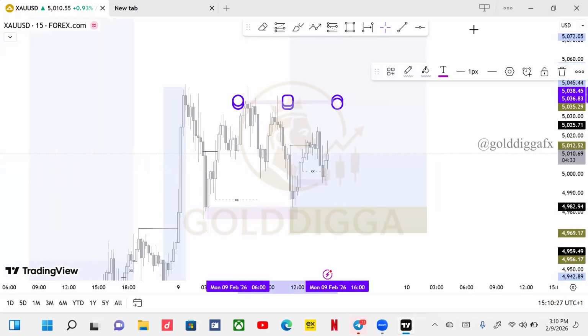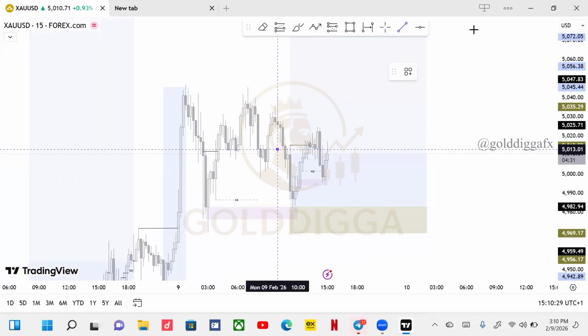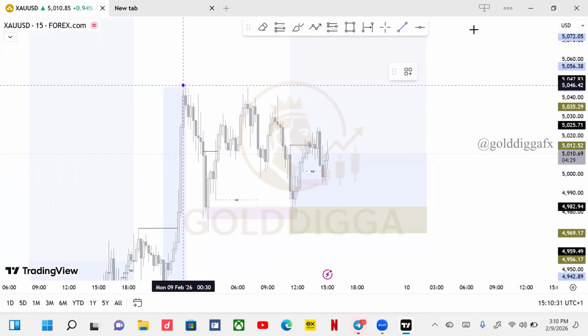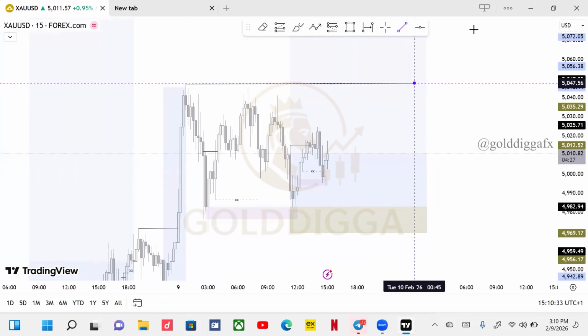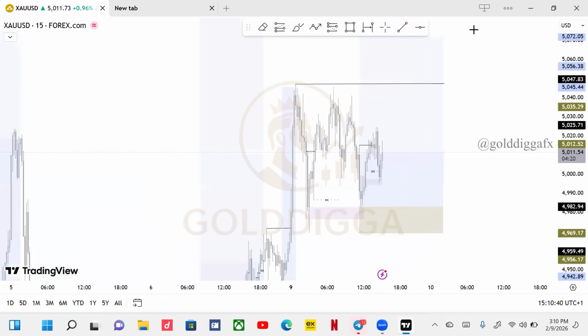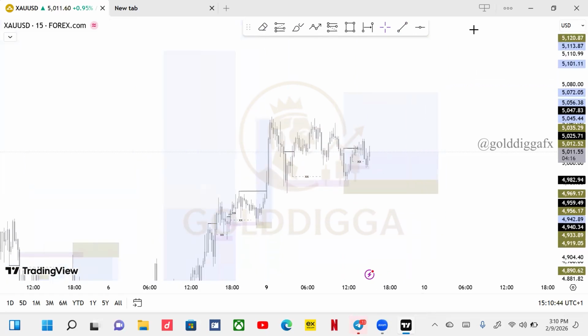Because for me, I'm waiting for all these liquidities here to get taken out. This is my major target. First safest target, this high. Plus it's the Asian highs. Let's see what price is going to do around there. Any questions, guys?